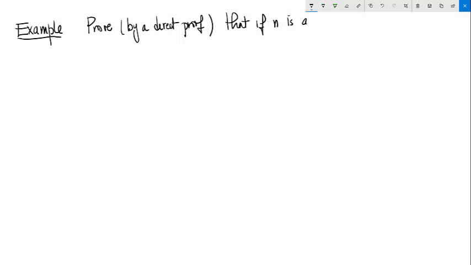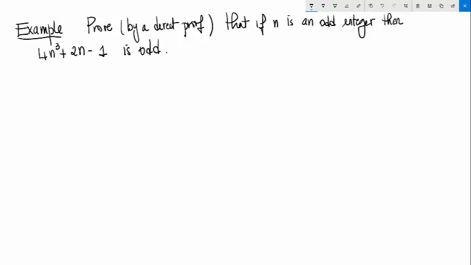Let us suppose that I would like to prove the following. Prove directly by a direct proof that if n is an odd integer, then 4n cubed plus 2n minus 1 is also odd.